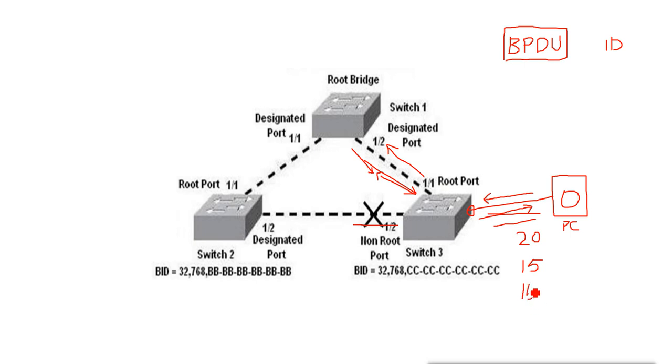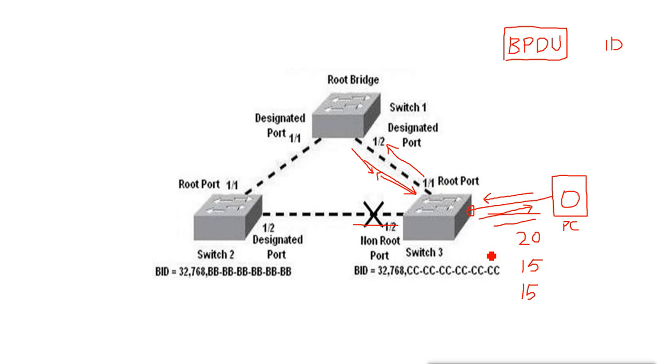In the learning state, they again exchange BPDUs with the other switches so that they can get information about the other switches and the network. And in this state it will also start learning the MAC addresses.